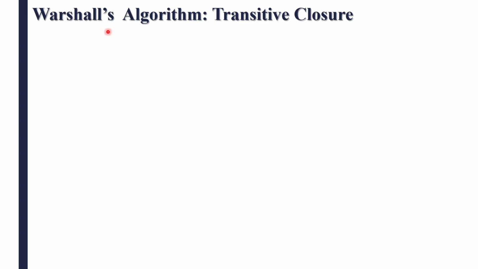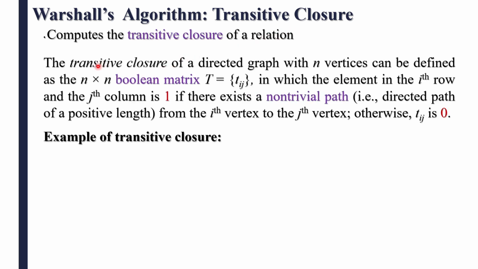This is the algorithm usually used to find a solution for transitive closure. So what actually is transitive closure? Transitive closure is used to find a non-trivial path. To find a non-trivial path, we require a directed graph as input, and note that the input must be in the form of a Boolean matrix, which contains values as zeros and ones.